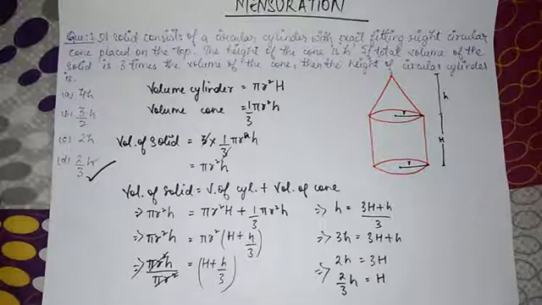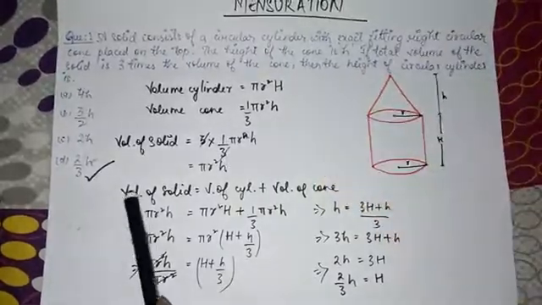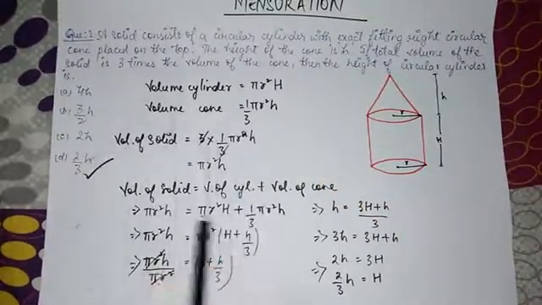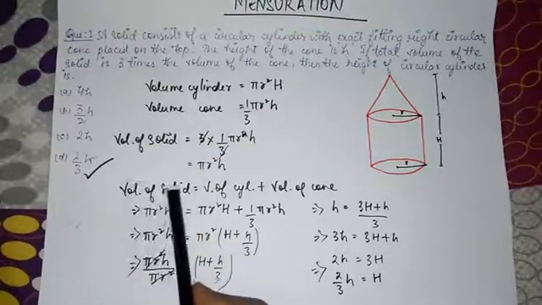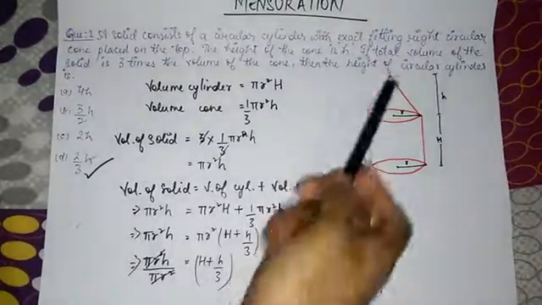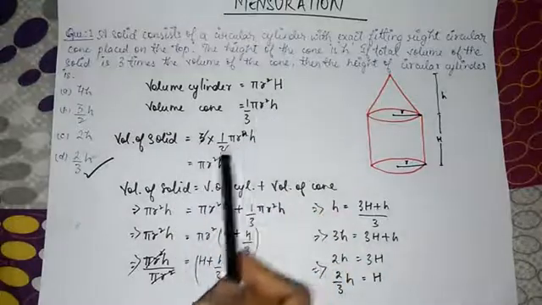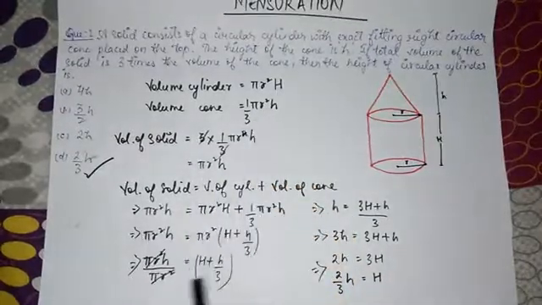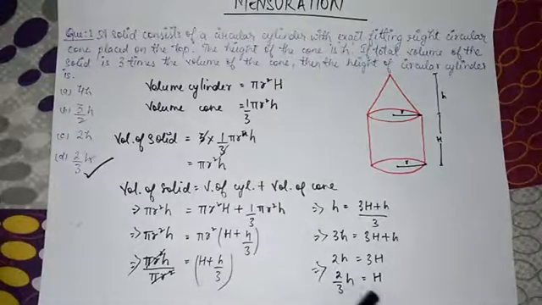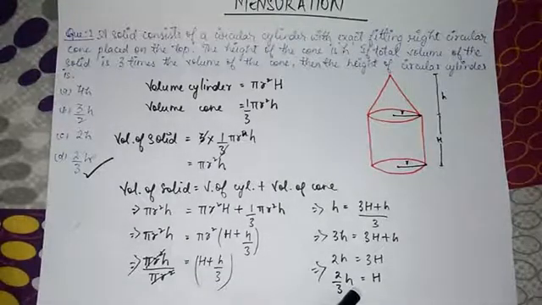So what we did, we wrote the formula of the volume of cylinder first and then volume of cone. And then as it was given in the question 3 times volume of cone, we found out volume of solid and it came as pi r square h. Right. Then as per the formula, volume of solid is equal to volume of cylinder plus volume of cone. We put these values here and then we got capital H as 2 by 3 h.